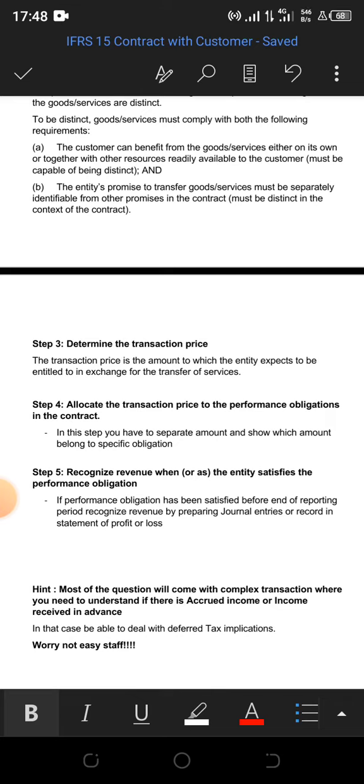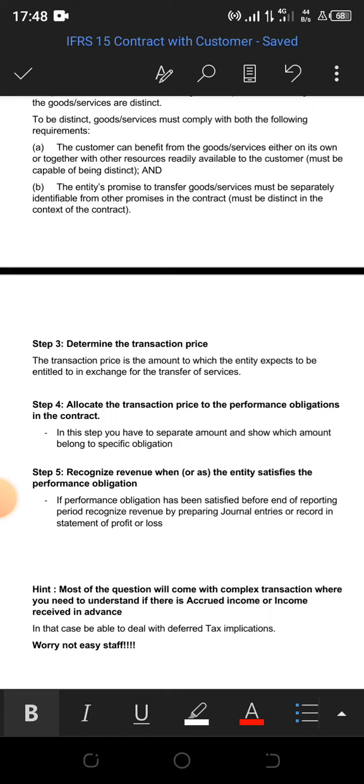Step number four, allocate the transaction price to the performance obligations in the contract. Remember, in some contracts you will find that there are two or more obligations to be performed.